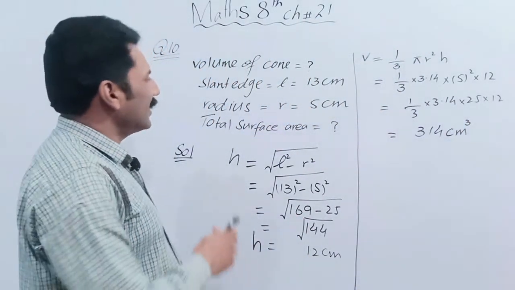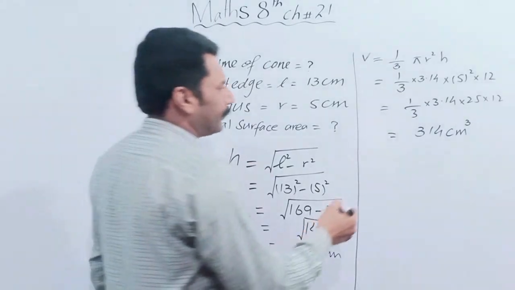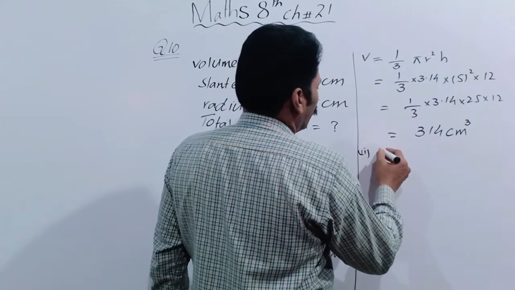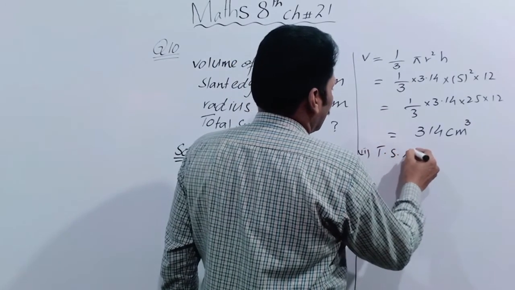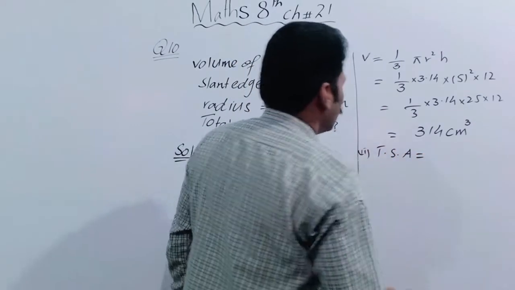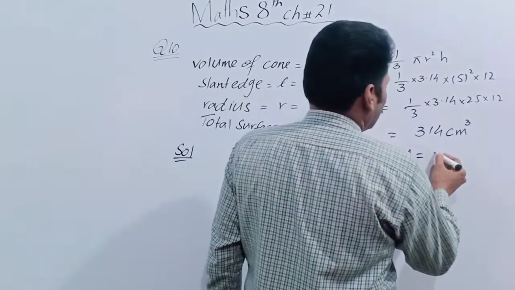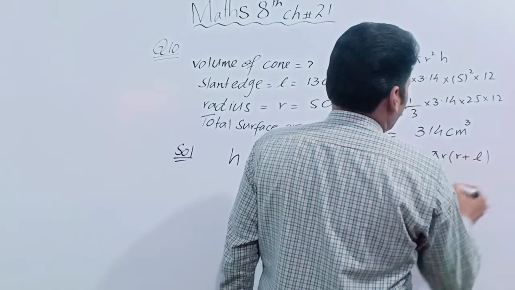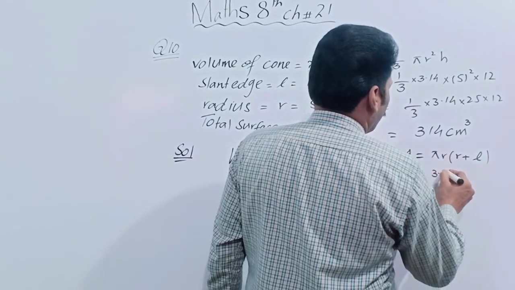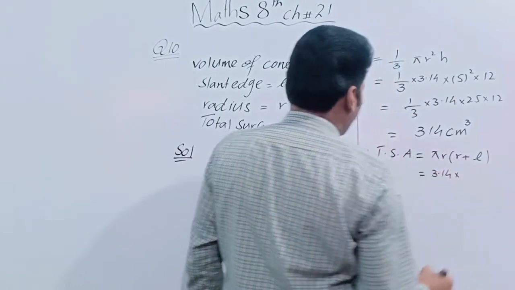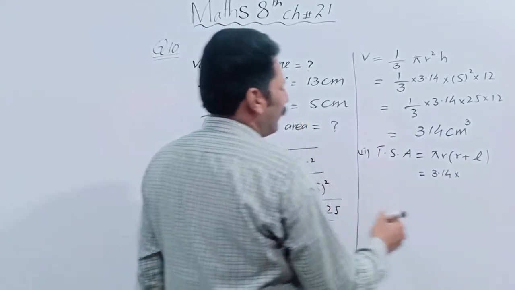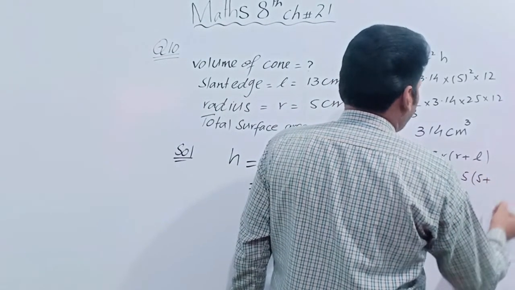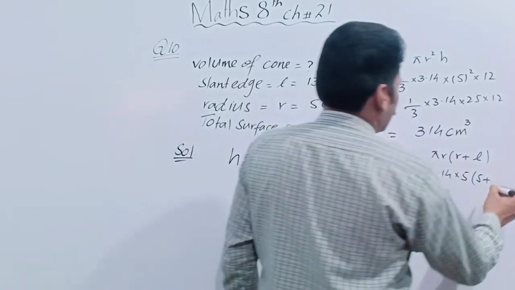Now total surface area of cone, second part. Total surface area of cone formula is pi r into r plus l. Again 3.14, and radius we have 5, again radius 5, and l slant edge 13.